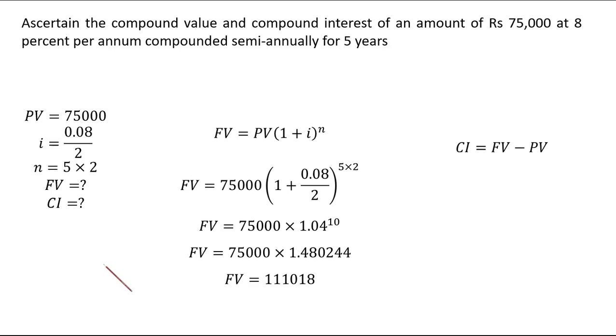And in order to find the compound interest, we use the future value minus the present value. So 111,018 minus 75,000 gives us 36,018 rupees.